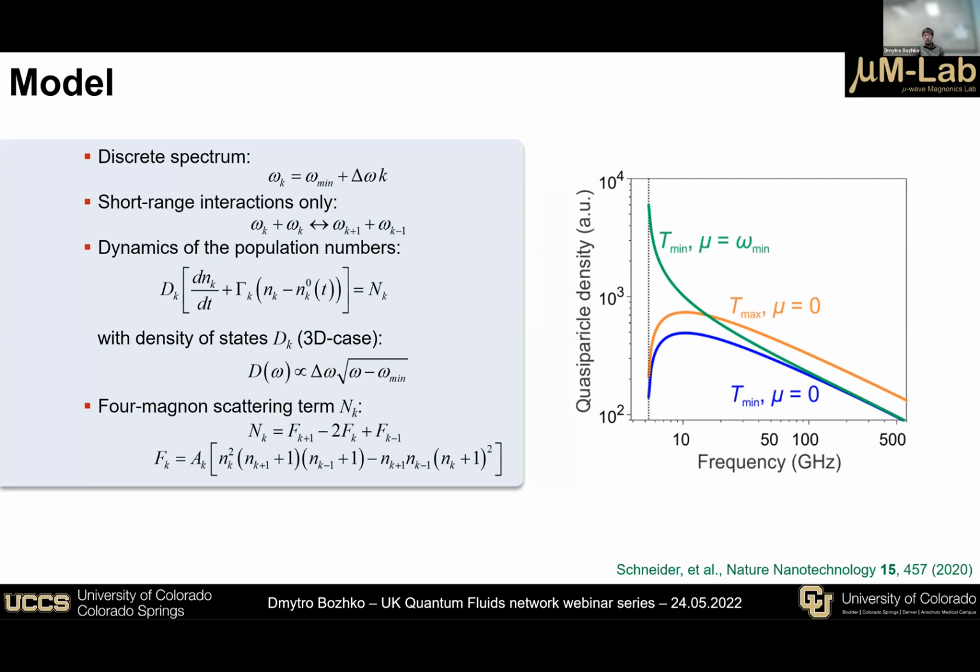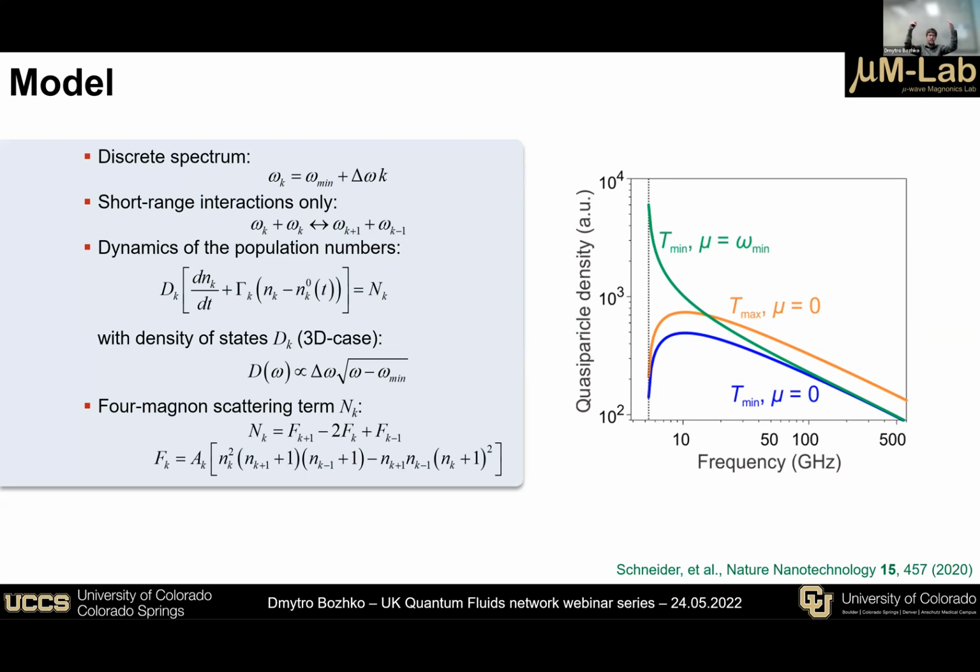Well, if it works with the simple model, then obviously with enhanced scattering, it will work even better. And the dynamics of the scattering is basically described by this dynamic nonlinear equation of the population numbers.